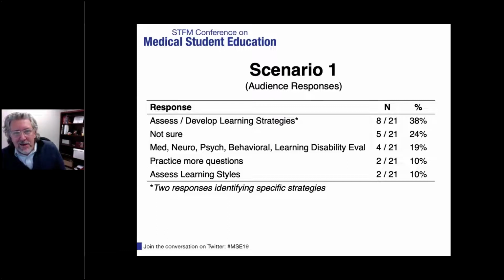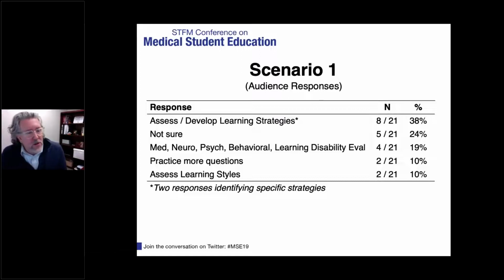It's not likely that you're going to get the results of an eval back within the next month. Therefore, it's not really going to help them during your clerkship. Plus, it's going to be expensive. So rather than focusing on a potential learning difficulty, I think another alternative is that they have not yet developed their cognitive toolkit, the learning strategies that all of us use to adapt when we encounter difficulty in a learning situation.